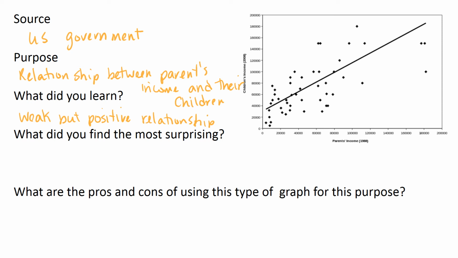What I found surprising was the number of outliers, how many points there were that were really far away from the linear trend. So here's one, there's a whole group down here. There's a whole bunch of them that are quite far away or outside of the trend. So the number of outliers.